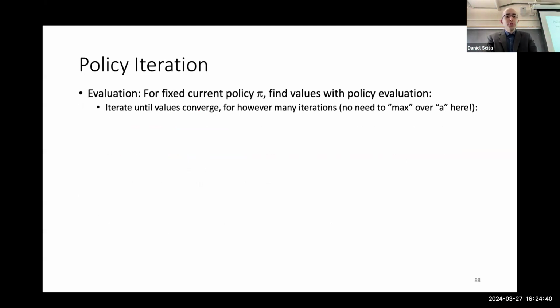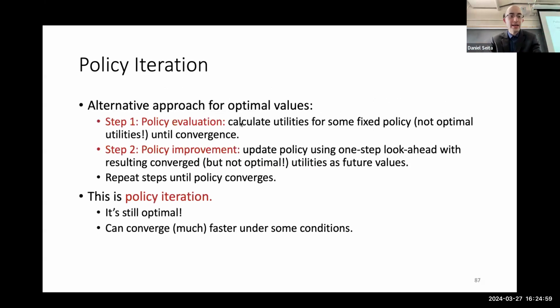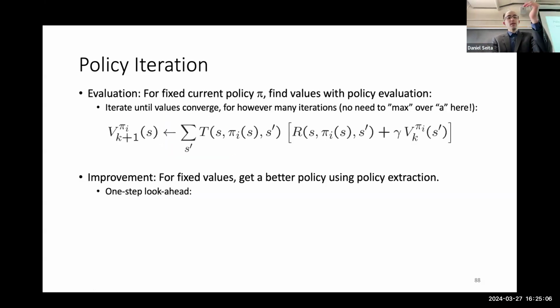So for policy iteration, the evaluation is such that, for a fixed policy pi, you can find the value with policy evaluation. This is just formalizing what we talked about last slide. So last slide was this thing with the two steps, evaluation and improvement.